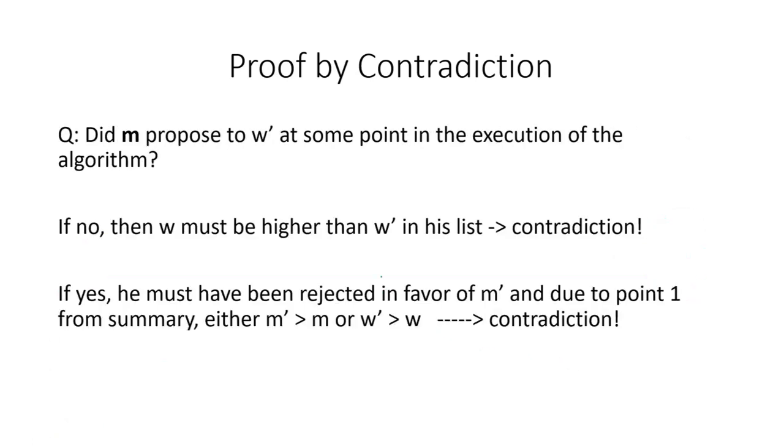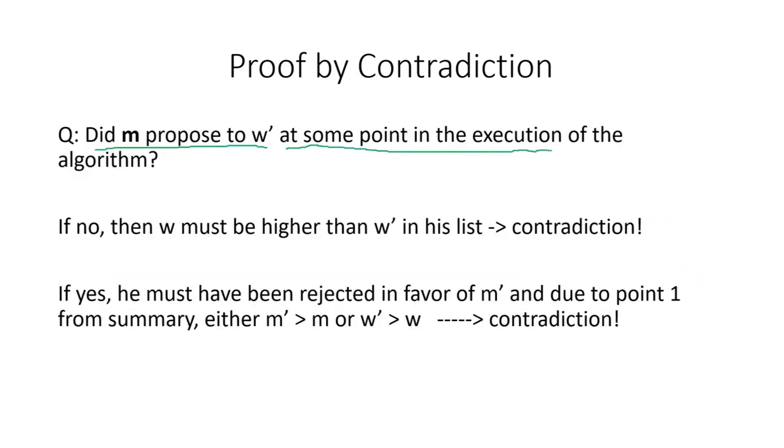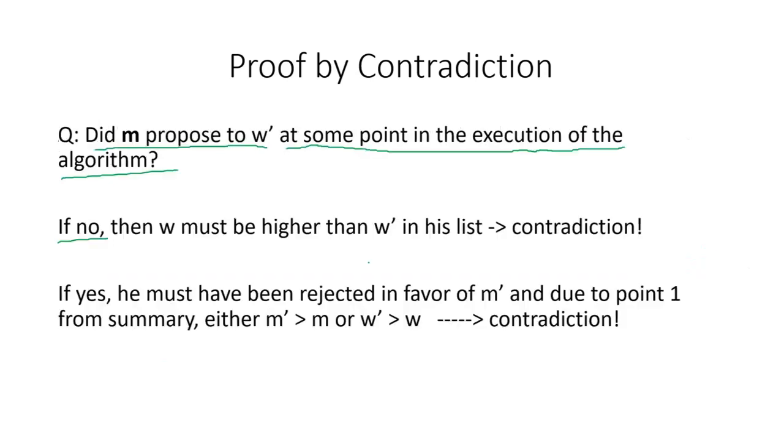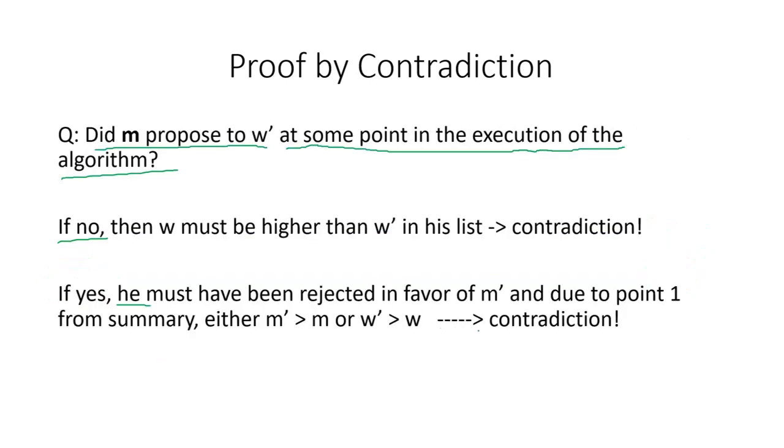But we need to ask: did M propose to this woman at some point in the execution of the algorithm? If no, then his current partner must be in a higher ranking than this woman. If yes, he must have been rejected in favor of this man. So again, it's a contradiction, which means that this algorithm is correct.